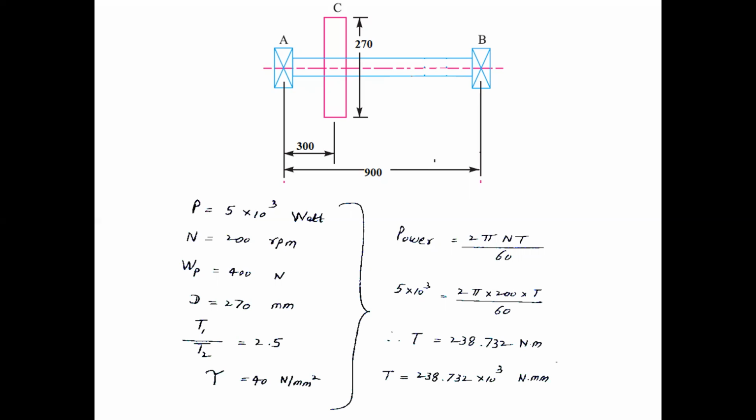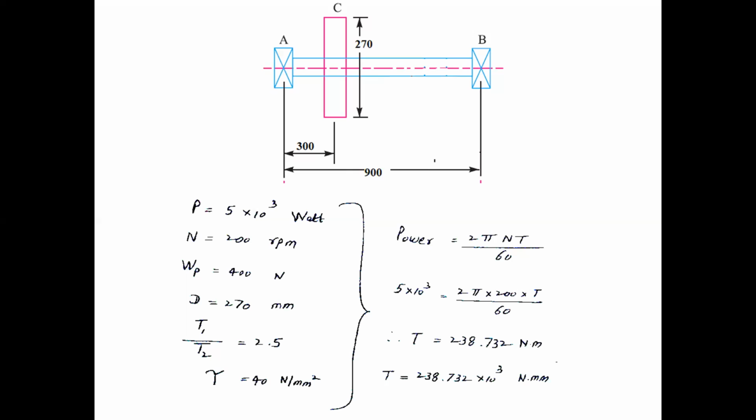Now here, what we want to find is the diameter of the shaft. As the power is driven by the pulley, power means torque.